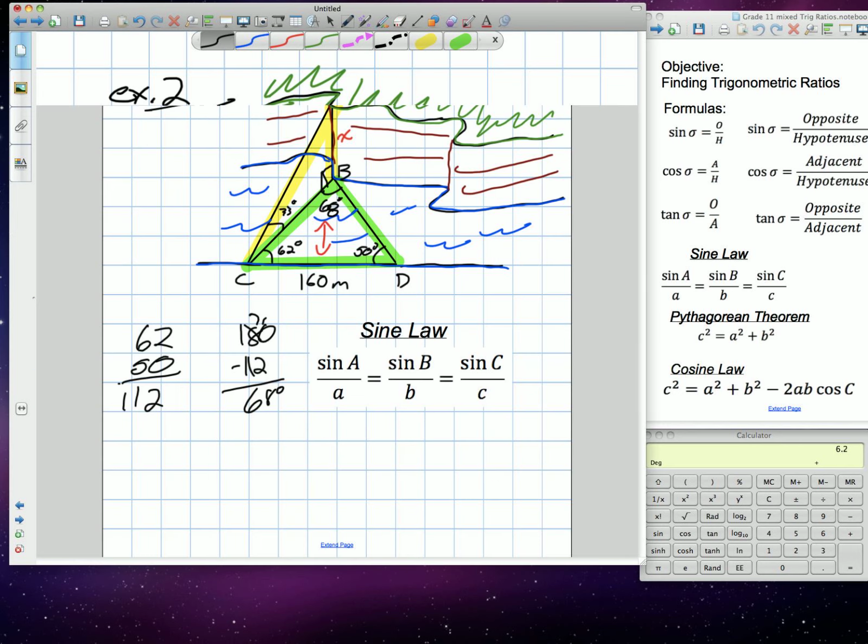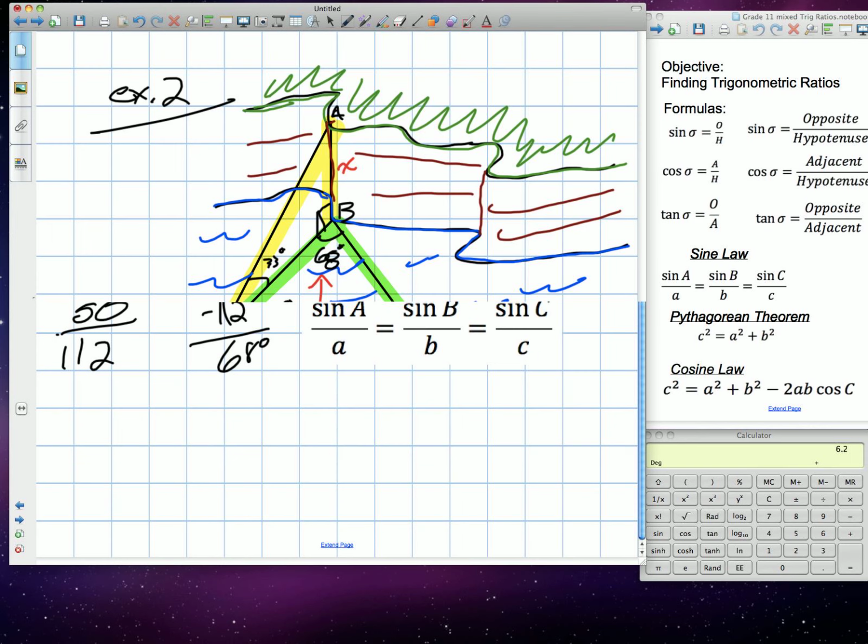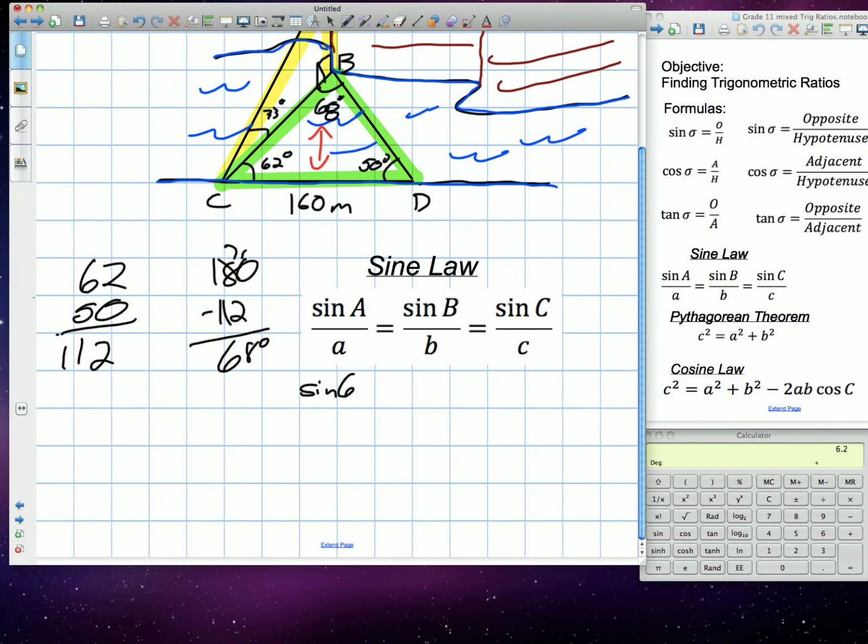So sine 68 divided by 160 is equal to, now which ratio am I looking for? What side of the triangle do I want right now? I want CB, this side here. So I'm looking for the side opposite of 50. We're going to call 50 our B.